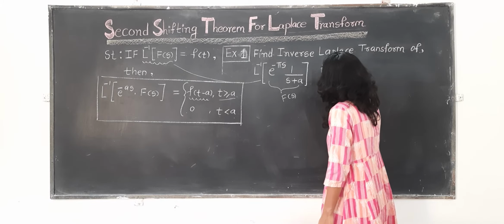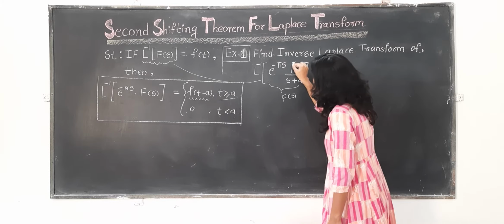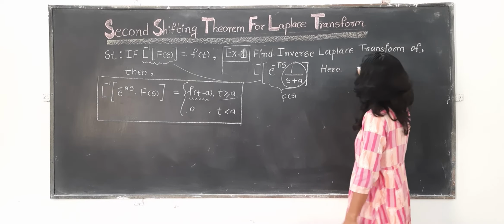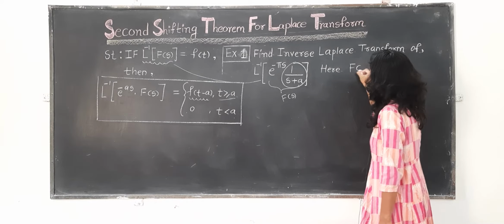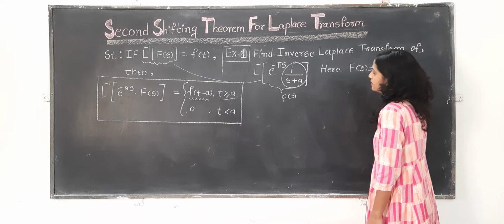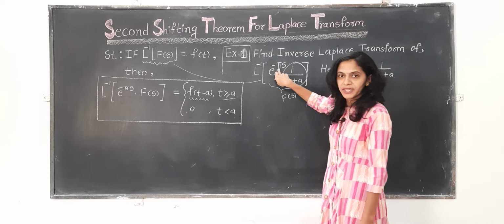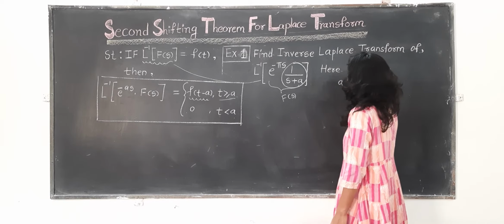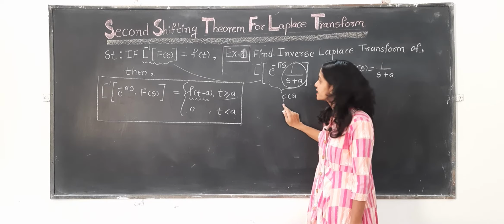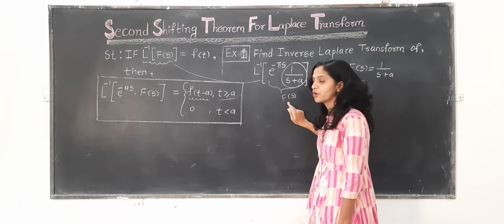This 1 upon s plus a is nothing but F of s. So what is F of s here? 1 upon s plus a. The value of a here is pi. So using these two things, we are getting the value of a and the value of F of s.